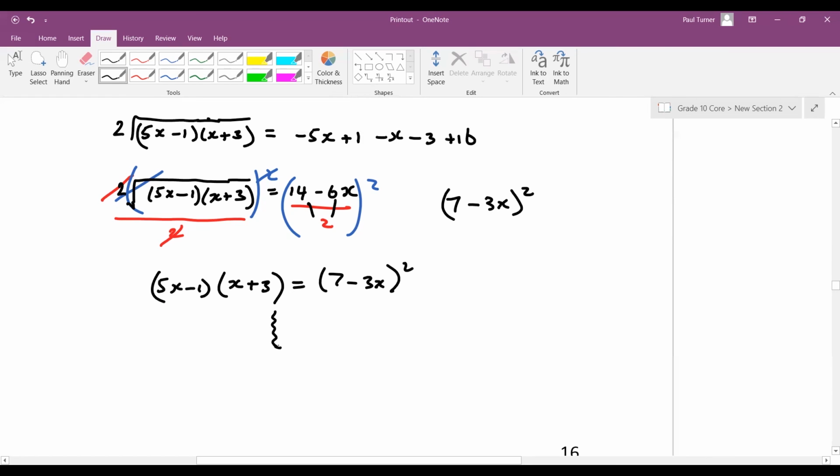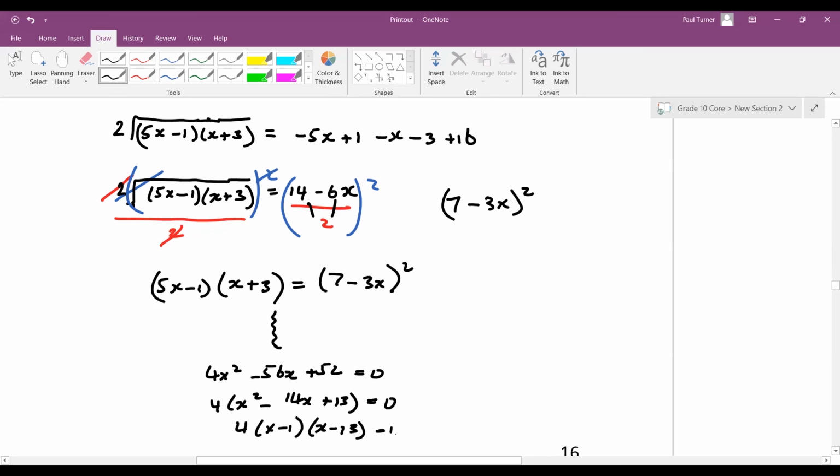So instead of me doing all of that, I can get you down to the bottom, which is 4x squared minus 56x plus 52 equals 0. You can factorize out the 4 here. X squared minus 14x plus 13 equals 0. And I'll end up with x minus 1, x minus 13 equals 0. So you see here, there are 2 possible answers, 1 and 13.